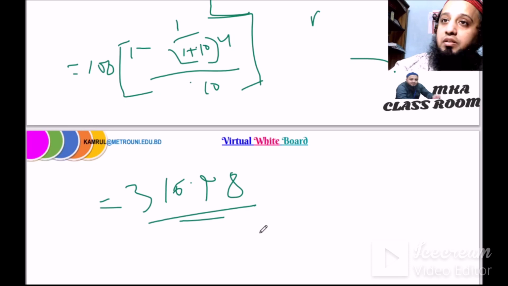The present value is found right to left. This 100 is for n equal to 1, n equal to 2, n equal to 3 and n equal to 4.